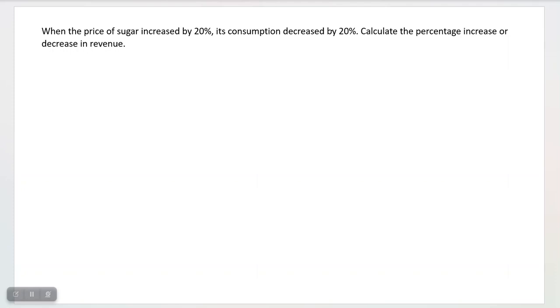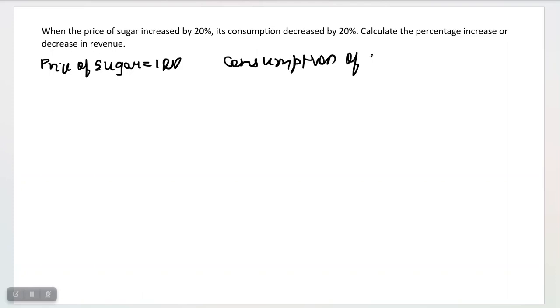Observe that we are neither given the price of the sugar nor the consumption. So we assume price of sugar to be 100. We also assume consumption of sugar to be 100. Since we are given neither, we assume both to be 100.